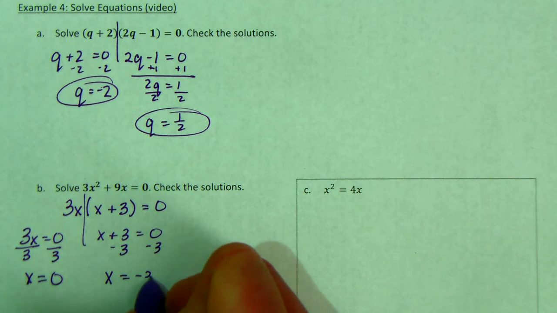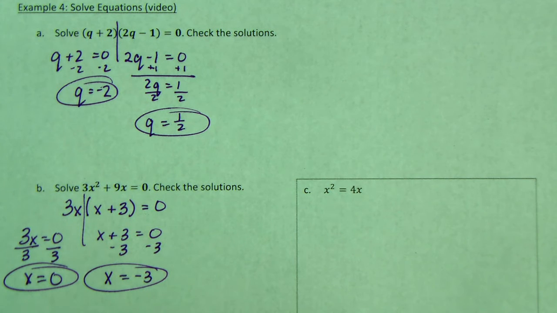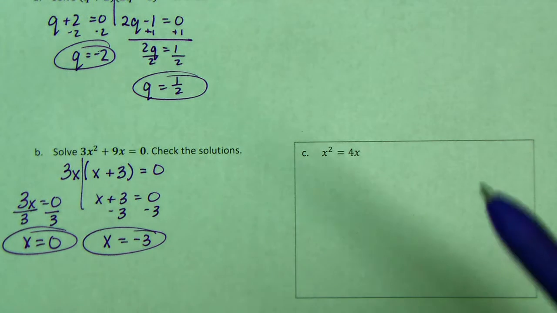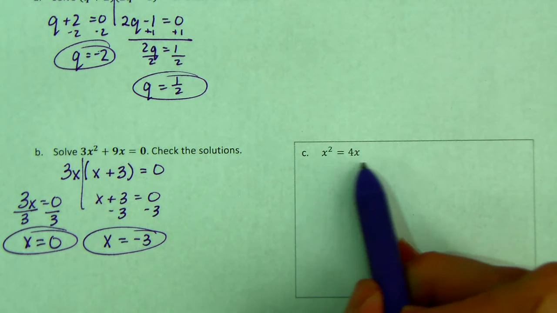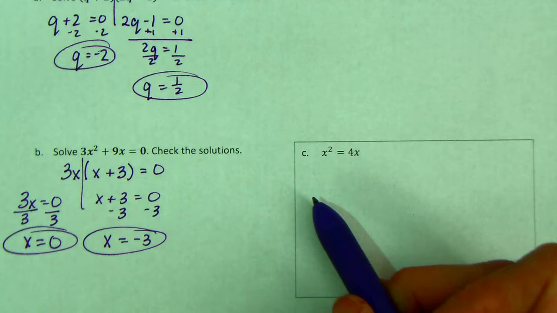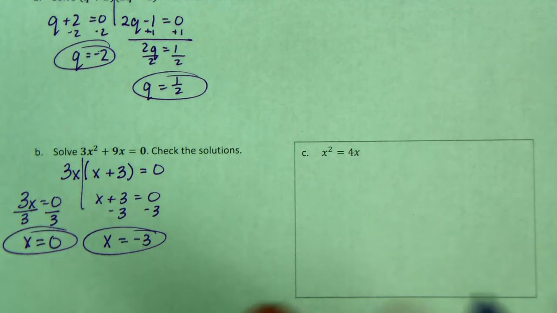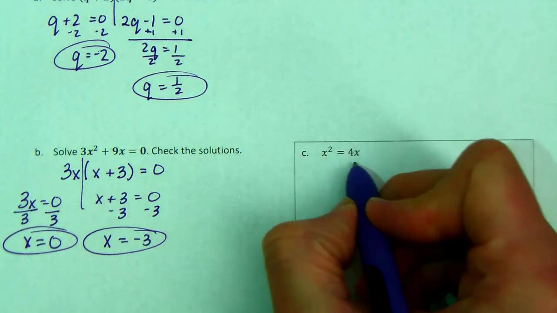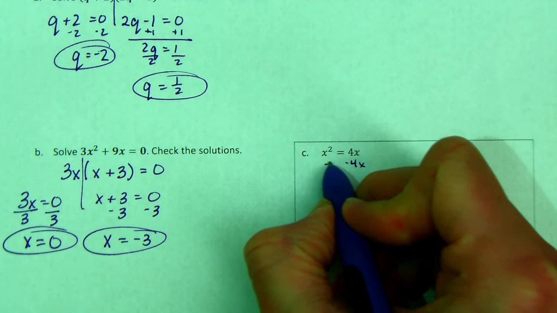Okay, let's look at C inside of this box, and we're adding one more step, because before I can factor this, I need to isolate it, meaning get it equal to 0. So we want to leave the x squared positive, so we're going to subtract 4x to bring it over here. And now we have x squared minus 4x equals 0. Now we can factor it.